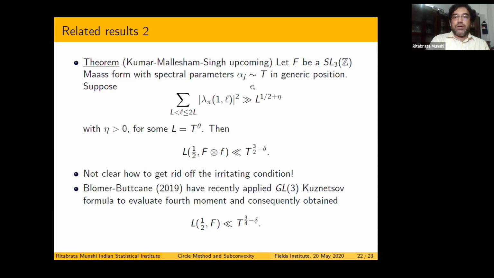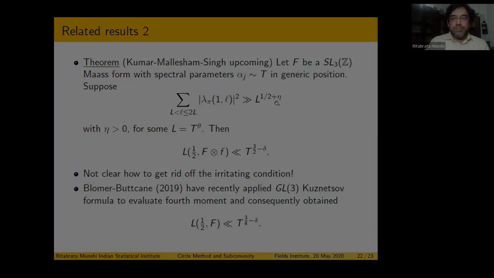And they can get an unconditional subconvex bound if they assume that two of the alphas are near each other.